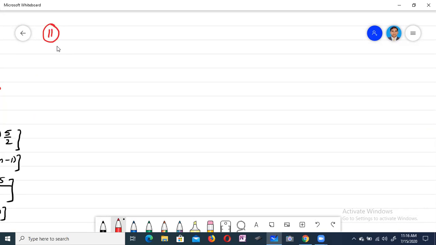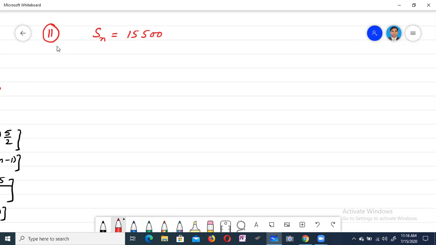In question number 11, Rafi buys a boat for $15,500. Total amount of Rafi is, we can represent the sum of amount, mean total amount is 15,500. We can say it Sn.